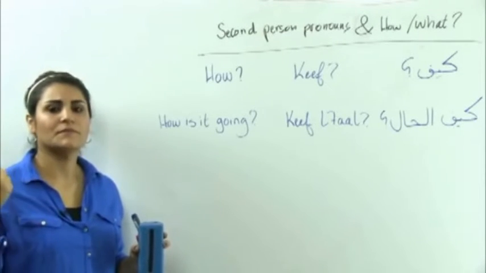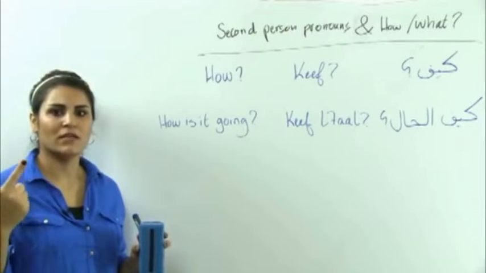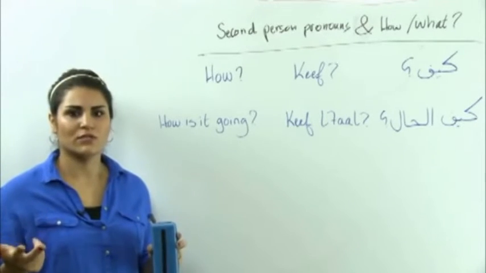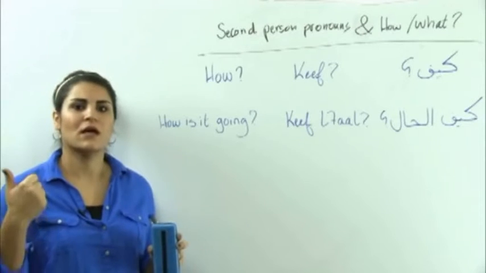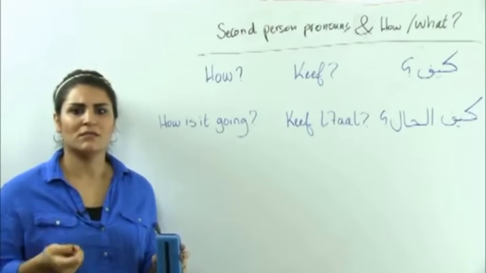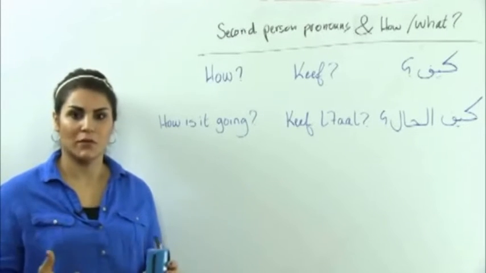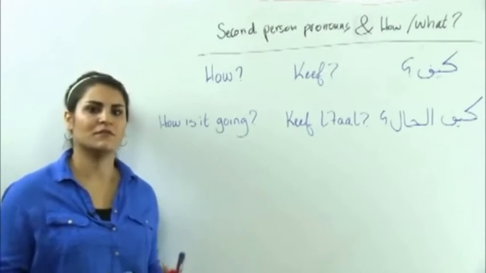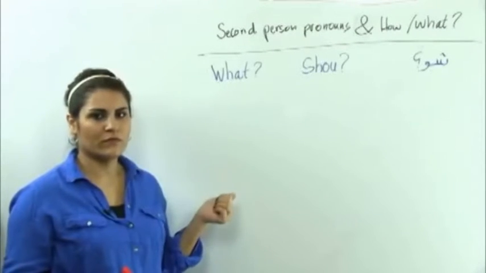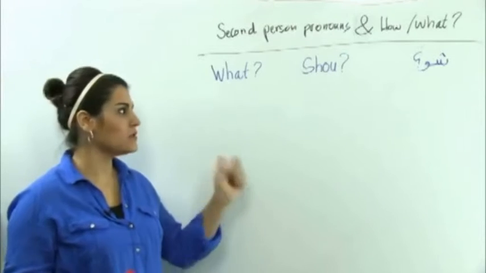And then the second question, how is your health, كيف صحتك, كيف صحتك, and كيف صحتكن. And the last question is the general question, how is it going, كيف الحال. Note, حال means condition of life or situation. So you can use it in different situations or topics. And now we're going to move to the next question.